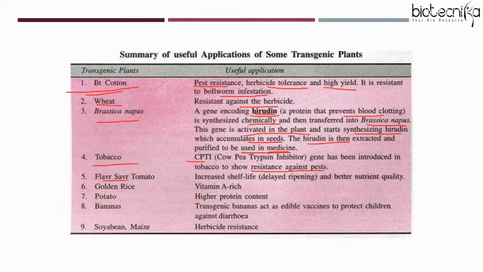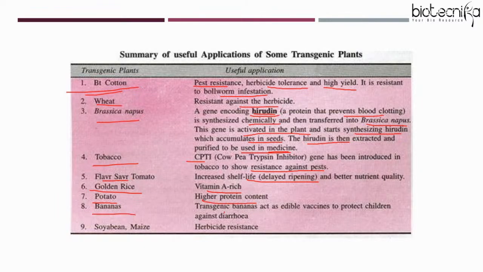Flavr Savr tomato, you already have an idea, which involves delay in ripening, and the polygalacturonase enzyme is involved. Golden rice is vitamin A rich. Potato, where they are generating transgenic potato for higher protein content.